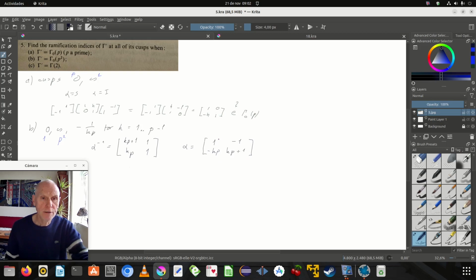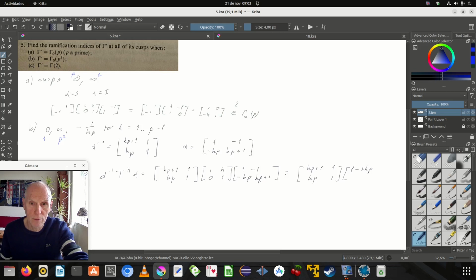Let's see if this is the inverse. Kp plus 1, yep. Minus kp plus kp, yep. Minus kp plus, right, that works. That gives pretty long expressions. I'll just do it in Maple to be sure to get something sensible out of it.